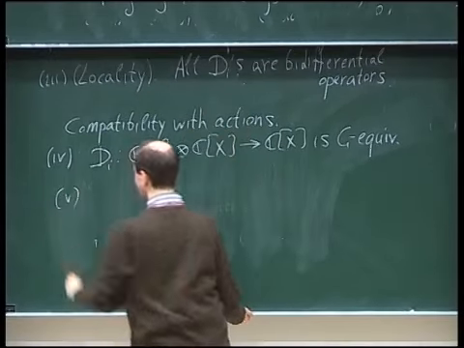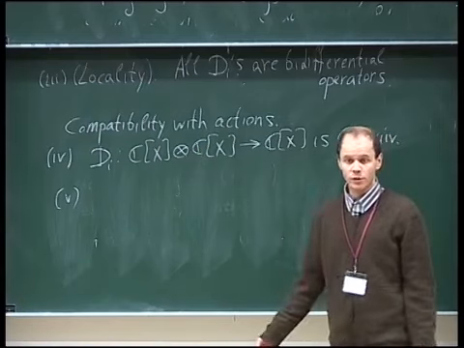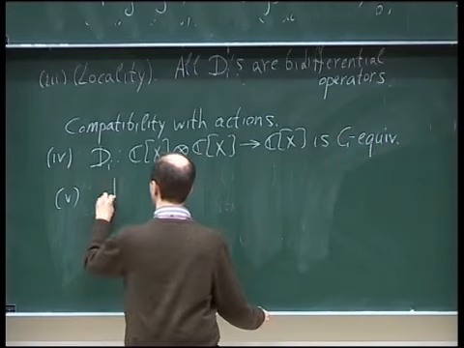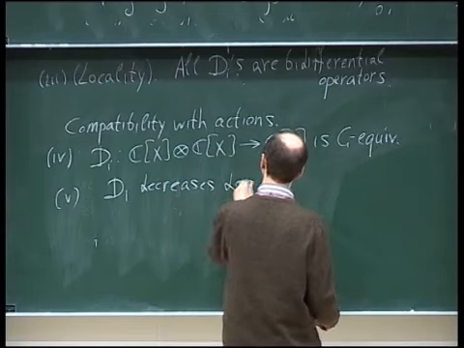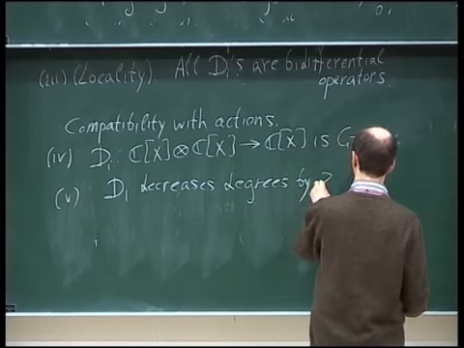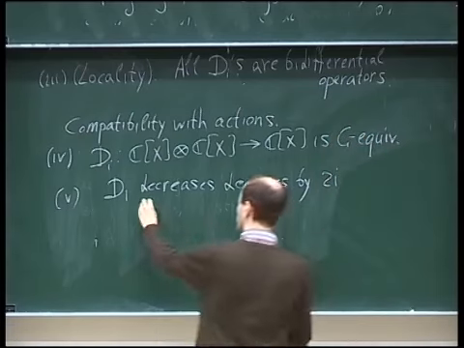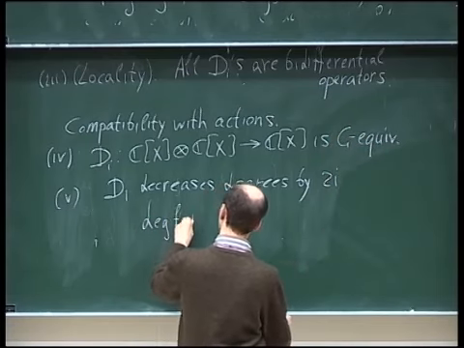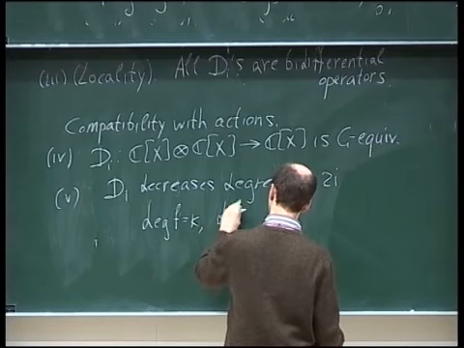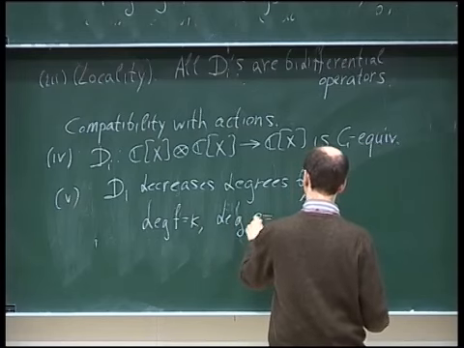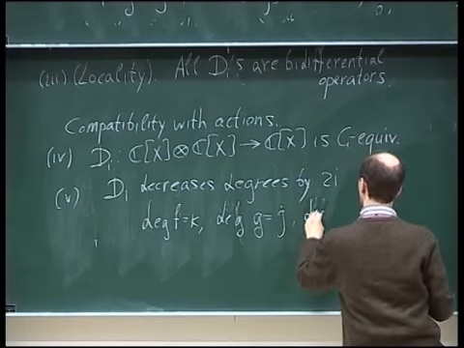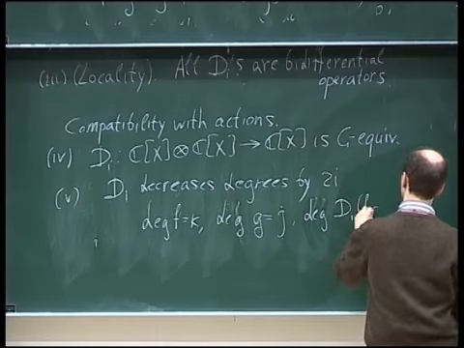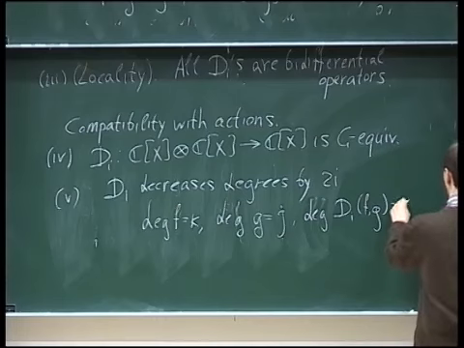Then compatibility with the C times action is that Di decreases degrees by 2i. So if you have two functions, f of degree k and g of degree, say, j, then Di of fg has degree k plus j minus 2i.